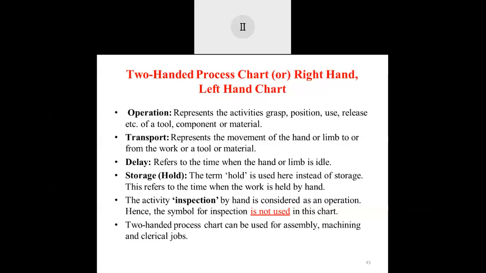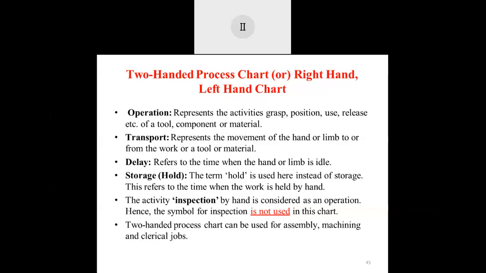So if some inspection has been done by our hand, we will call it an operation. That's why we don't use the inspection activity symbol in the two-hand process chart.